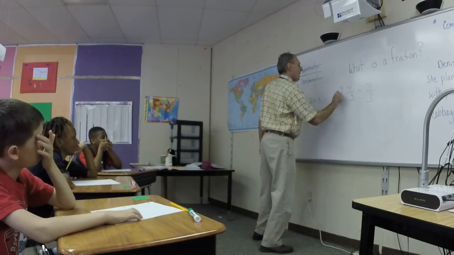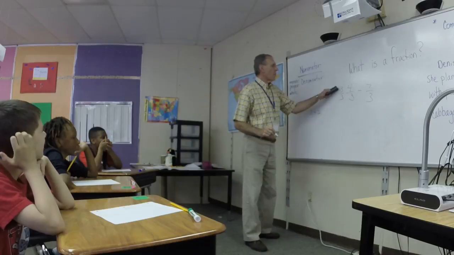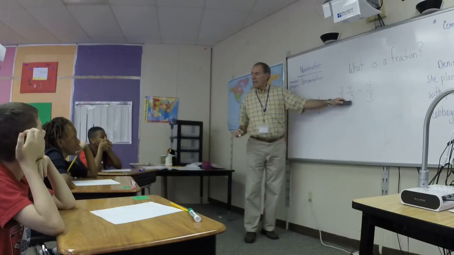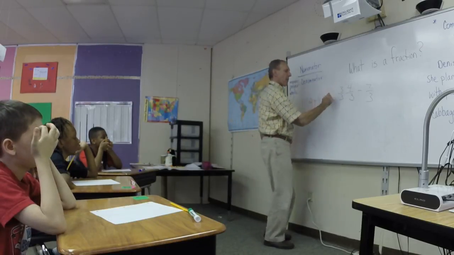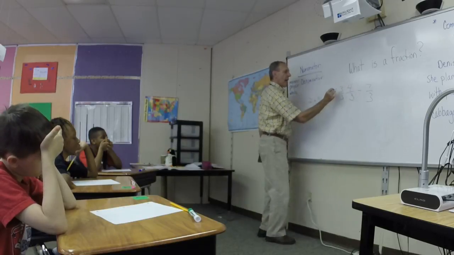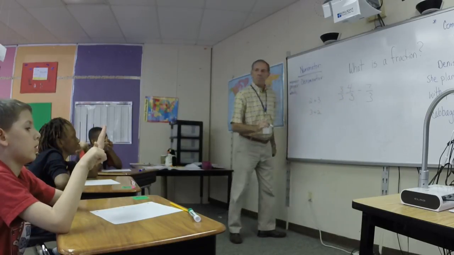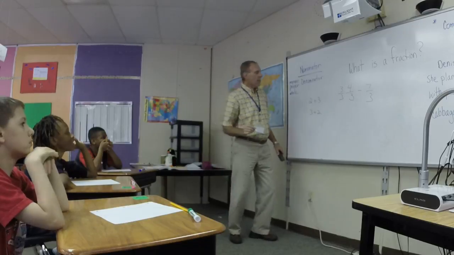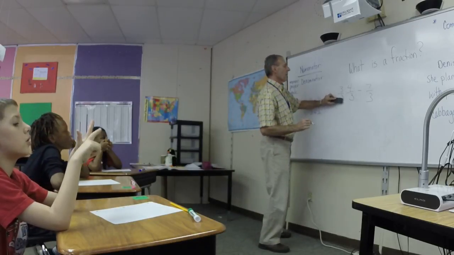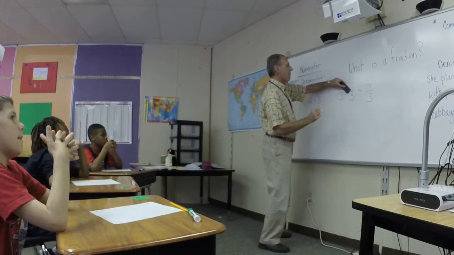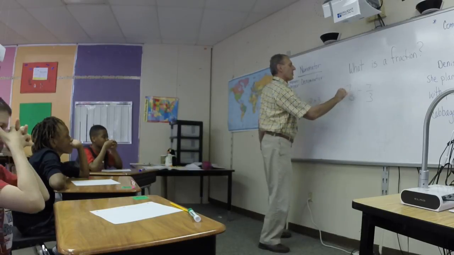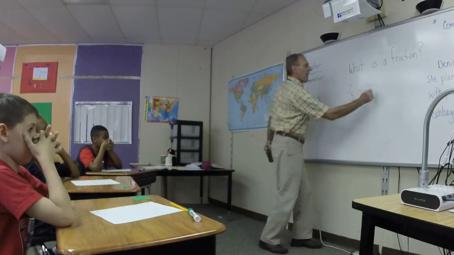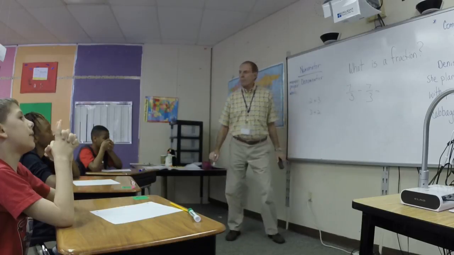That means this is 3 more thirds, right? And since this was together as a mixed number, can we add this 3 to this 4? Yeah, so this 3 plus this 4 becomes a 7, and now what's our answer? 0 thirds.